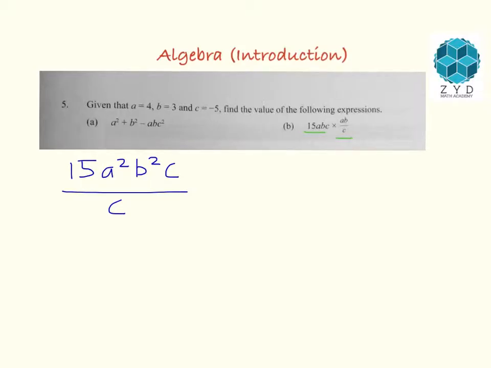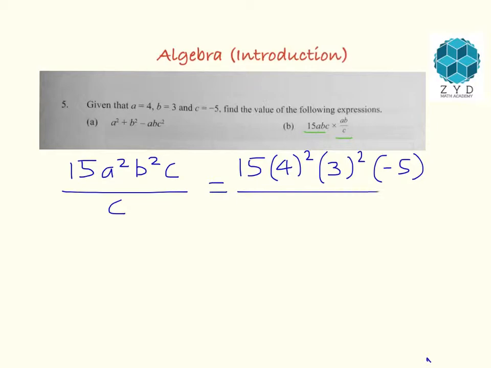Okay, and I will get 15. I'm going to substitute the values of a, b, and c respectively. So a is 4, so this is 4 square. B is 3 square, and c is minus 5 over, this is a minus 5, again inside the brackets.